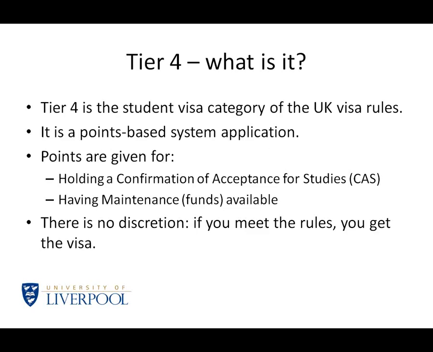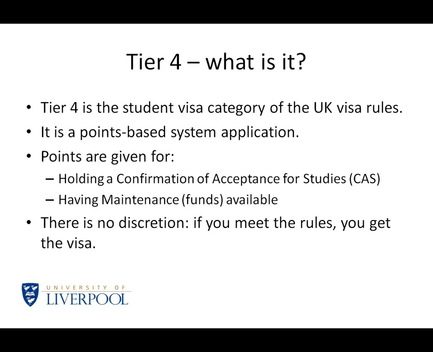So Tier 4, what is it? I'm sure by this point you'll have heard that you need a visa to come to the UK, and it's called a Tier 4 student visa. So it's the student visa category of the UK visa rules. You may have also heard the term points-based system, or often shortened to PBS. So basically you need to score a certain number of points to be able to qualify for the visa.